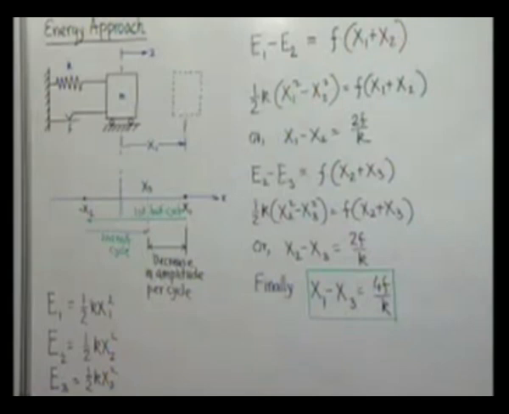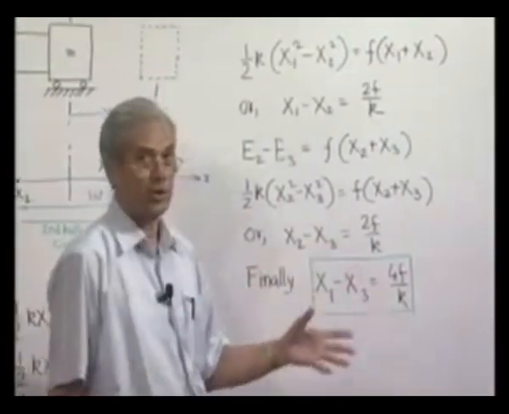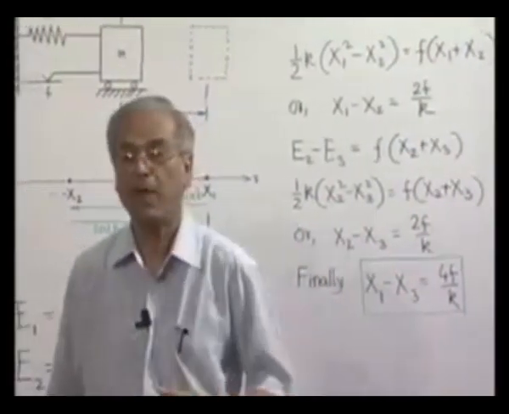So we can get the whole thing in so simple a manner, but one thing we must remember, it has only given information about x1, x2 and x3. What happens in between we have no idea.